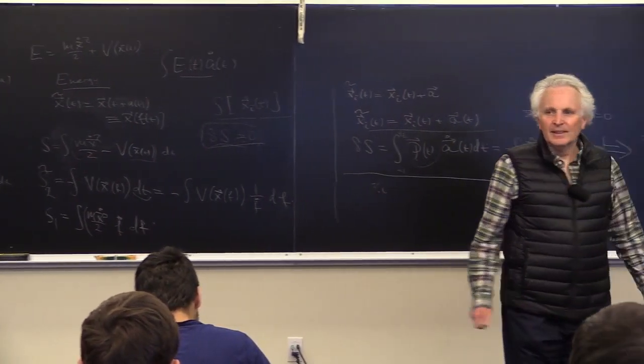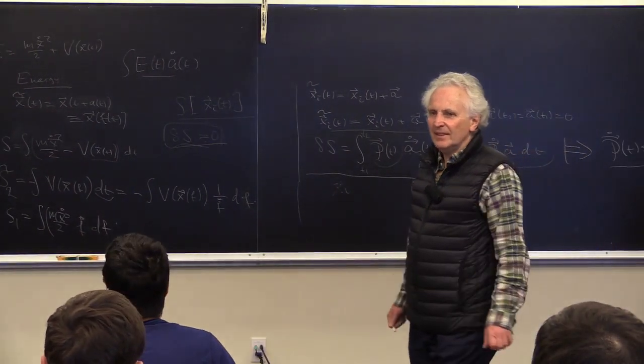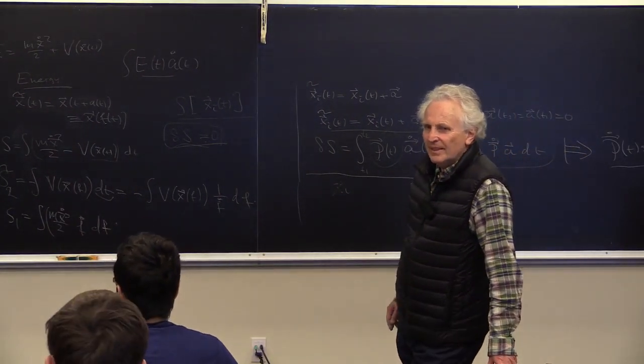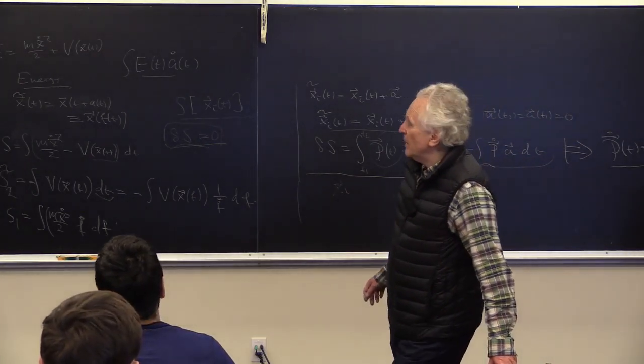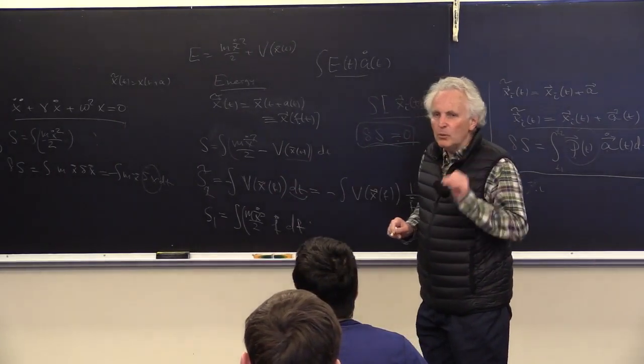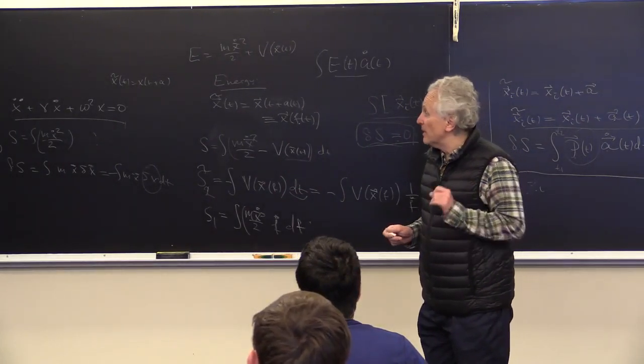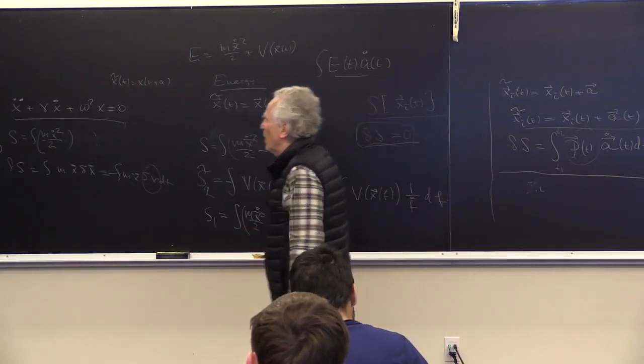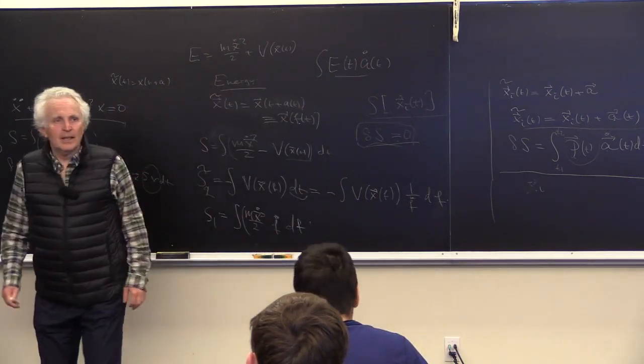I mean, if you use the Euler-Lagrange equations, d/dt of dL/dx dot is the same as dL/dx. Yeah, but that's what we just did. What you said is right, but I want something more. You can integrate it directly.